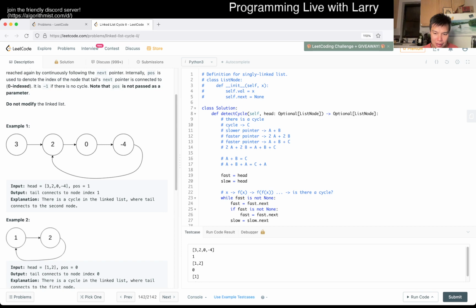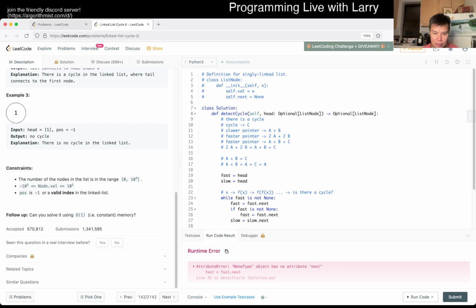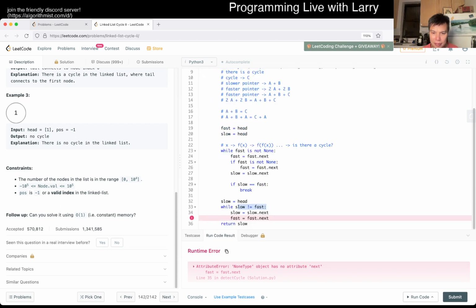Oops. Add a few more cases. Oh, I didn't do the case where this is true.